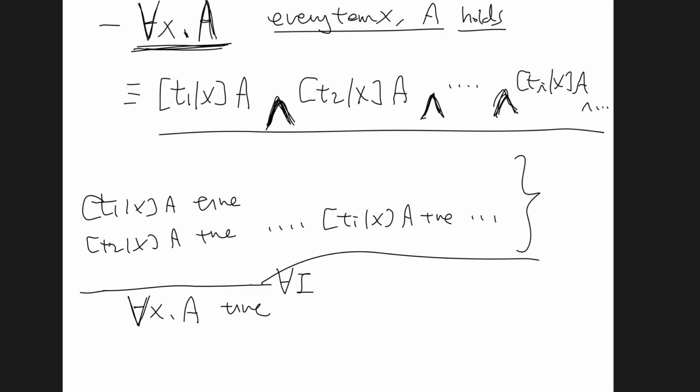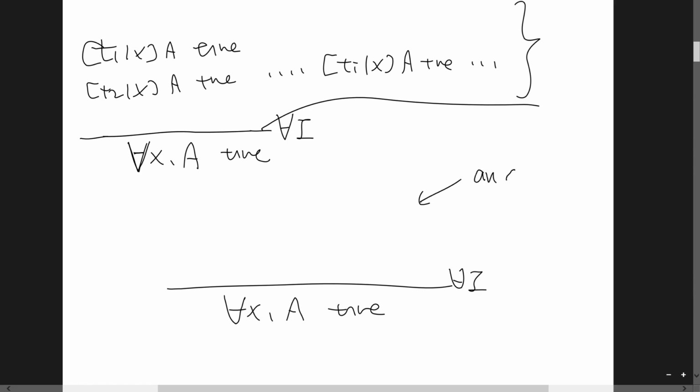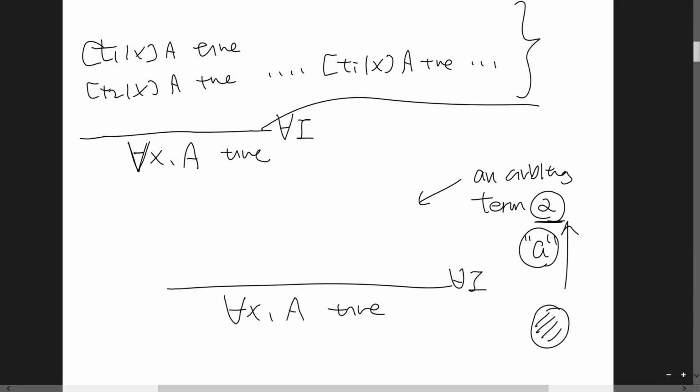So the idea here is, instead of this one, let's introduce an arbitrary term a here. So a itself is a term, unlike term variables. You write the a, and this is actually a term, but we know nothing about it. You can imagine that there is some unknown arbitrary term, and its name is a.